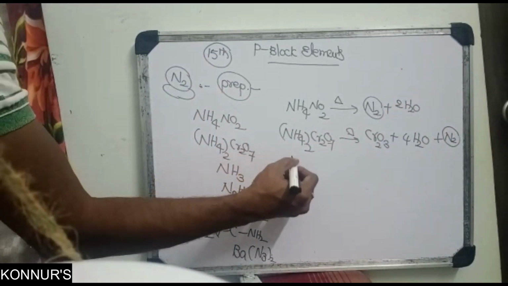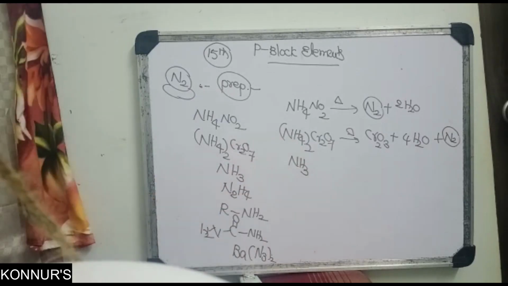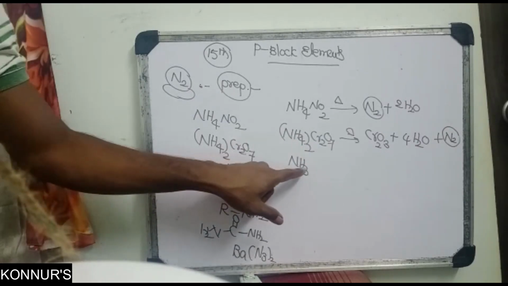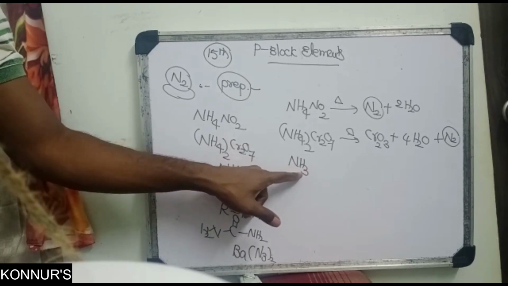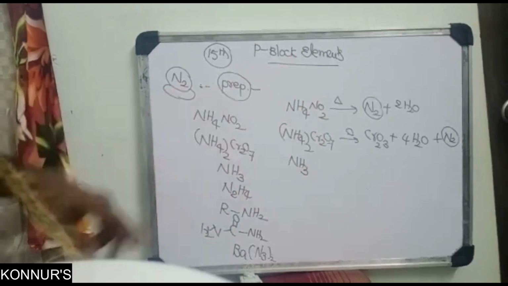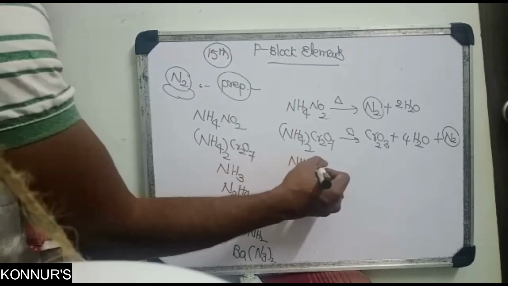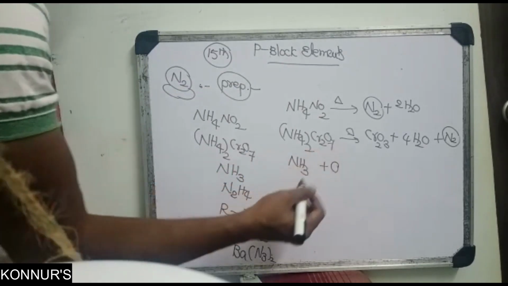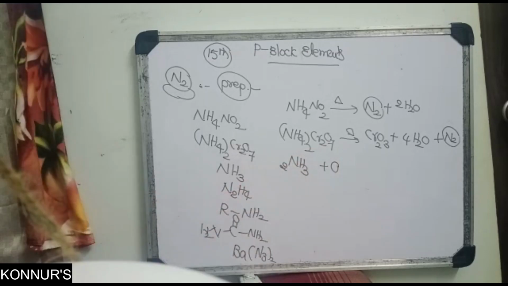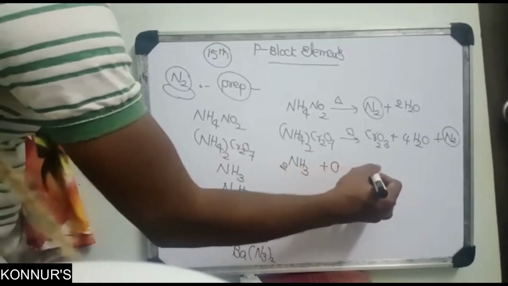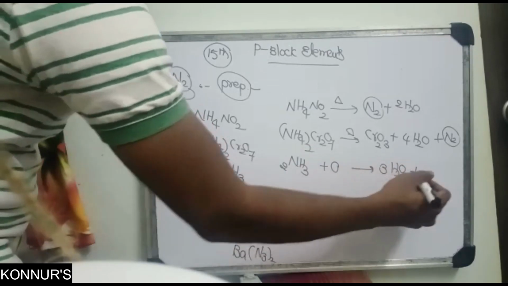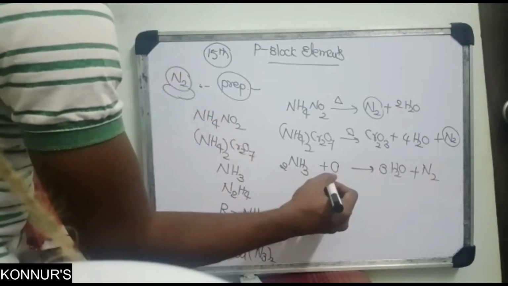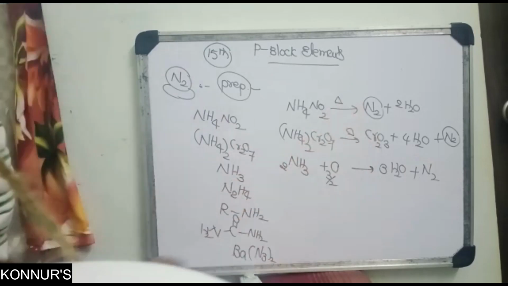Next, NH3, ammonia. In ammonia, if you remove the hydrogen, you will get nitrogen. How can you remove it? You treat with oxygen. You get 3H2O plus nitrogen gas, taking 3 by 2 O2.